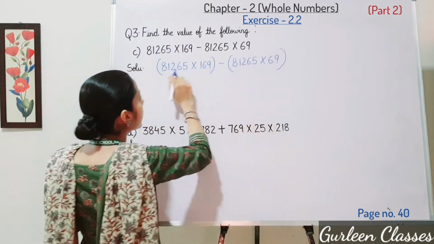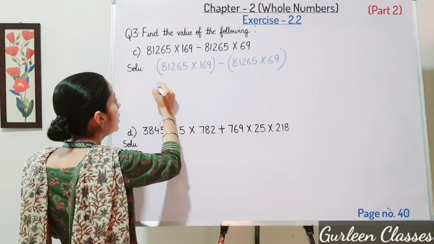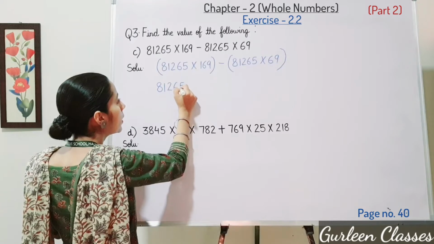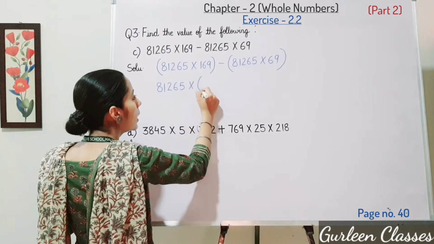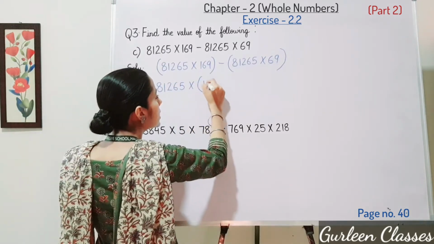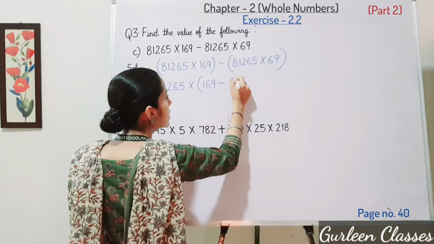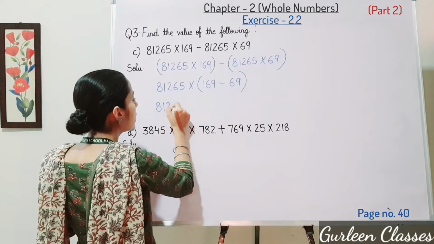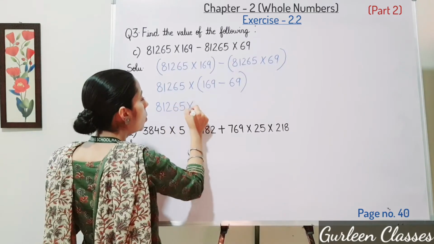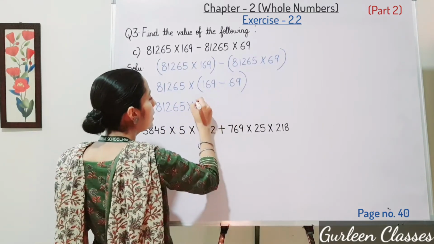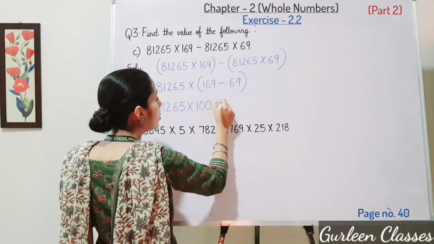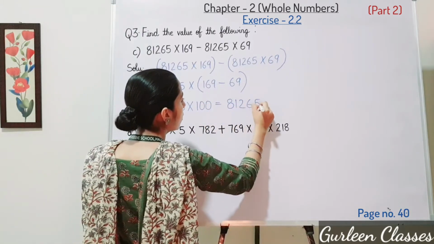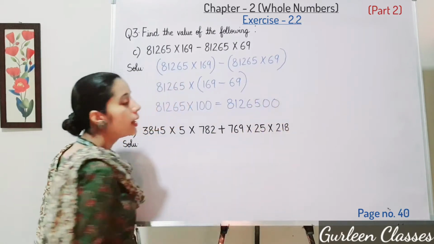So in both the brackets 81265 is common. So write it outside 81265 into, make another bracket 169 minus 69. So right here 81265 into 169 minus 69, that is 100. You just have to put 00 in front. 8126500.